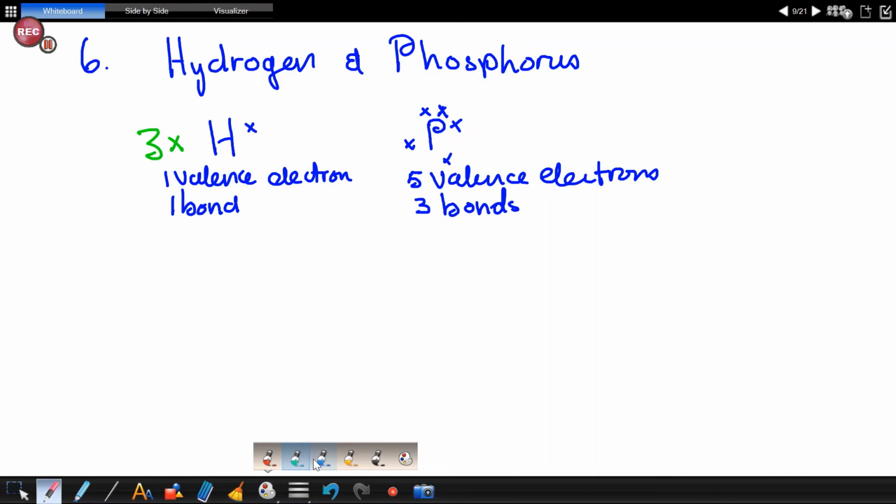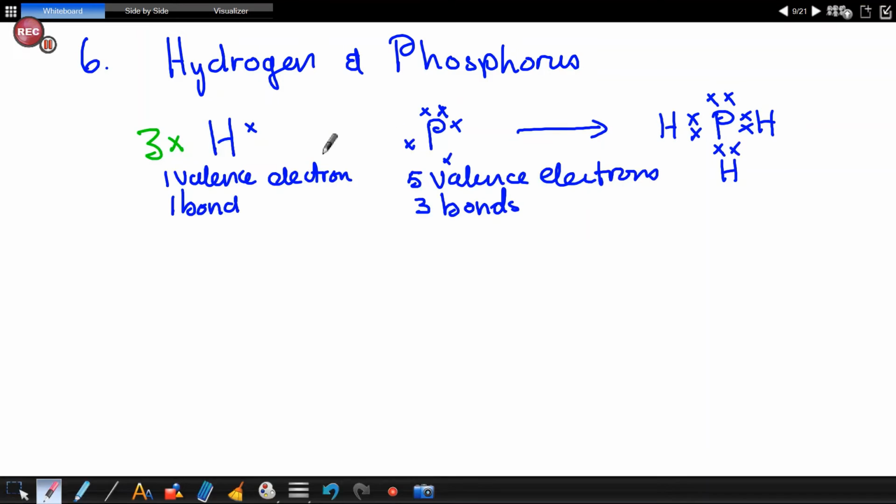So we go for phosphorus with its 5 valence electrons. There a bond can form, there a bond can form, and there a bond can form. So the sharing of electrons is what forms the chemical bond, and we have PH3 or H3P. I will not penalize you.